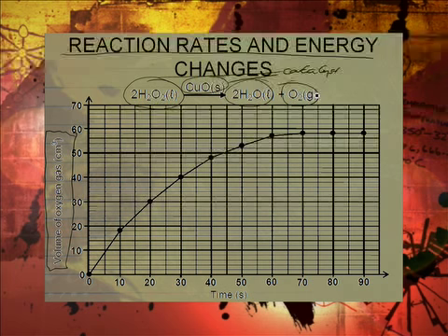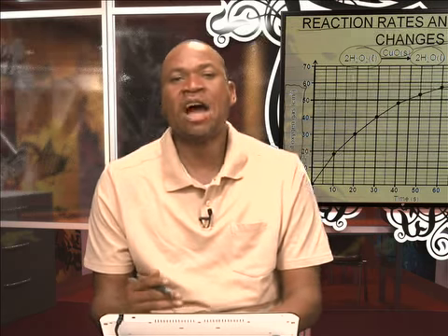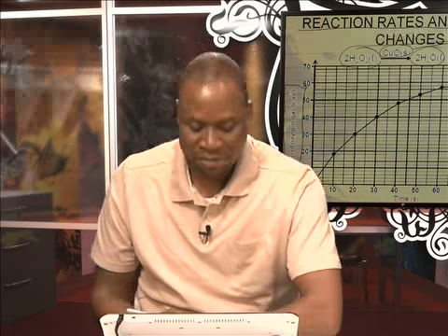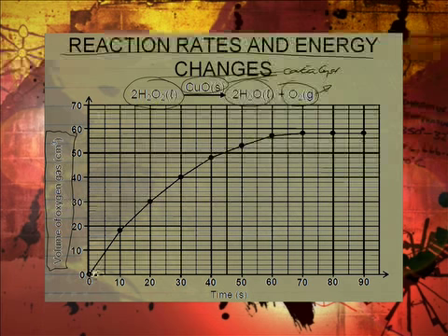I told you in the previous lesson, lesson 15, that if a gas evolves in a chemical reaction, we can use the volume of that gas per time to check how fast the reaction is taking place. Exactly the same thing is happening here. So that is the volume of the gas evolving over the time of the reaction.